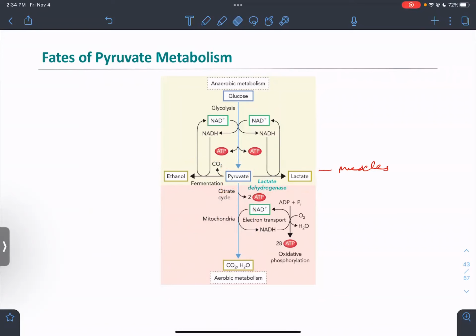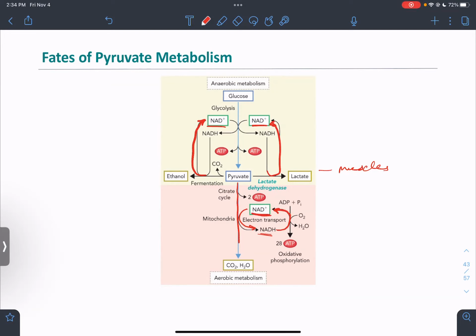But what you see about all three of those different fates of pyruvate is that you are going to be making, so if you come out this way, you're going to be making NAD+. You make NAD+, and here you're going to be making NAD+. You initially make NADH, you finish going through electron transport chain, you make NAD+.